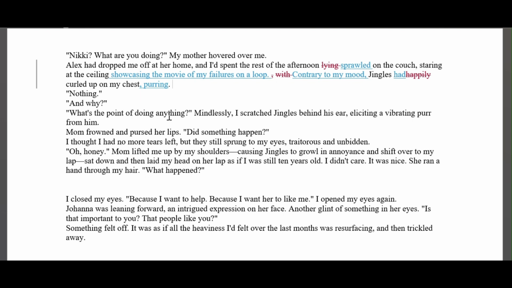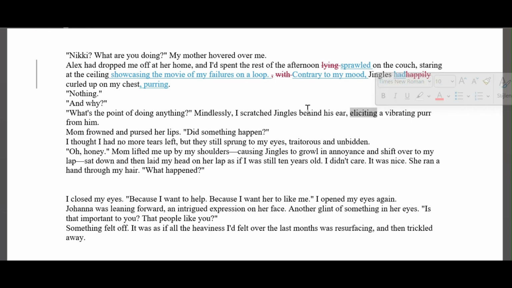"Nothing, why? What's the point of doing anything?" "Mindlessly, I scratched Jingles behind his ear." So "scratched" here is fine, but perhaps we can do something else to indicate the "mindlessly." But again, that's a different issue, so we're not going to go too deeply into that.